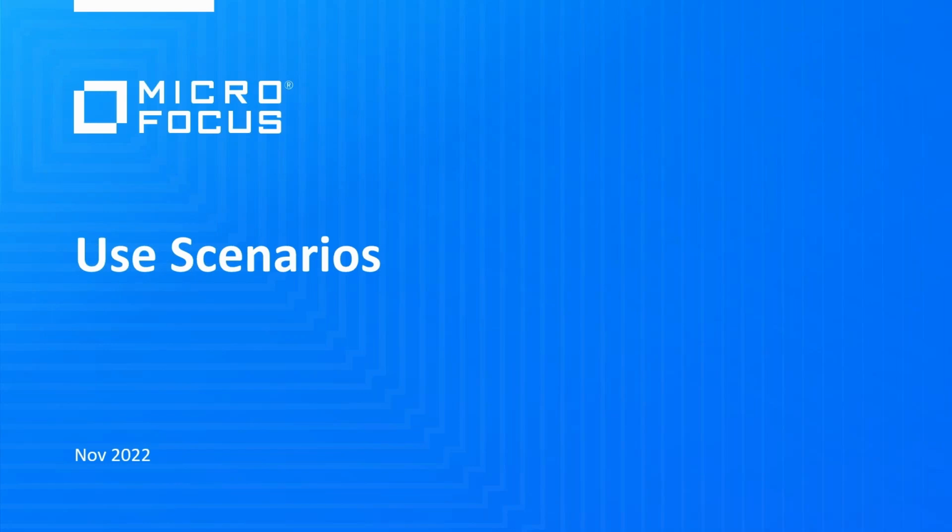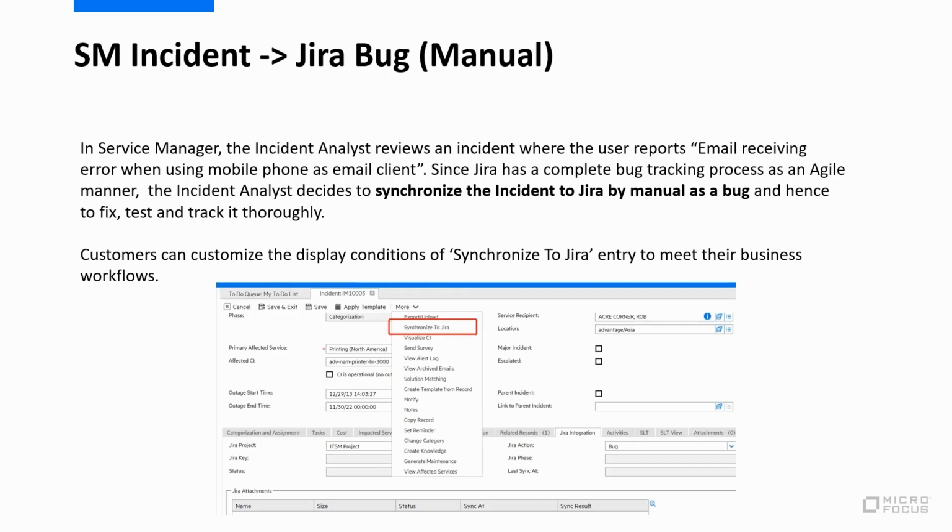Let's go to the user scenarios part. The first user scenario is to synchronize a Service Manager incident to Jira as a bug manually. In this scenario, during routine work, incident agents like the incident analyst review Service Manager incidents.